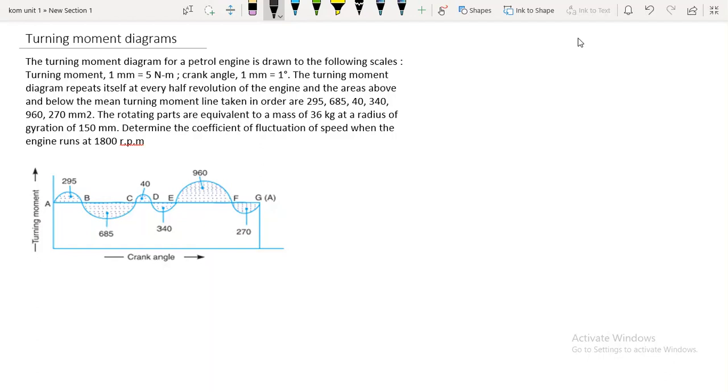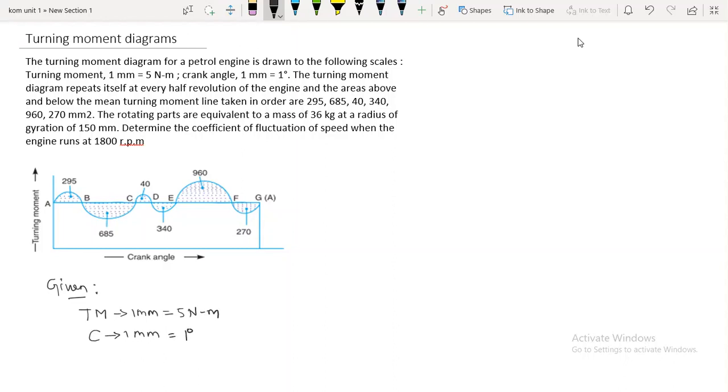Okay, so let us write down the given data first. The turning moment scale is given as 1 mm equals 5 Newton meter, and similarly for the crank angle, it is given as 1 mm equals 1 degree.